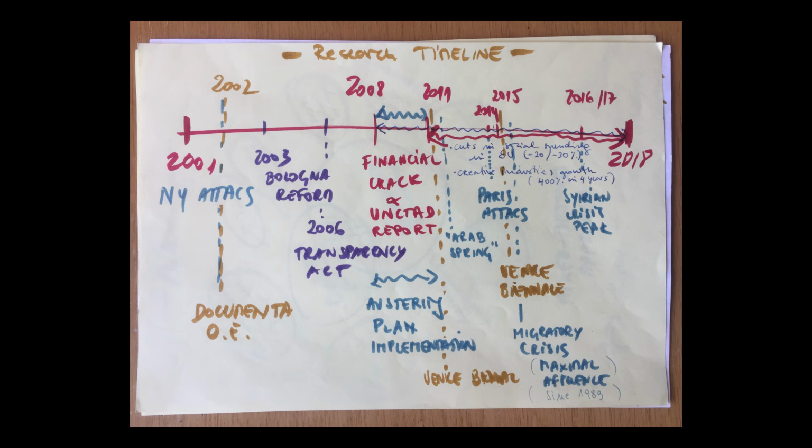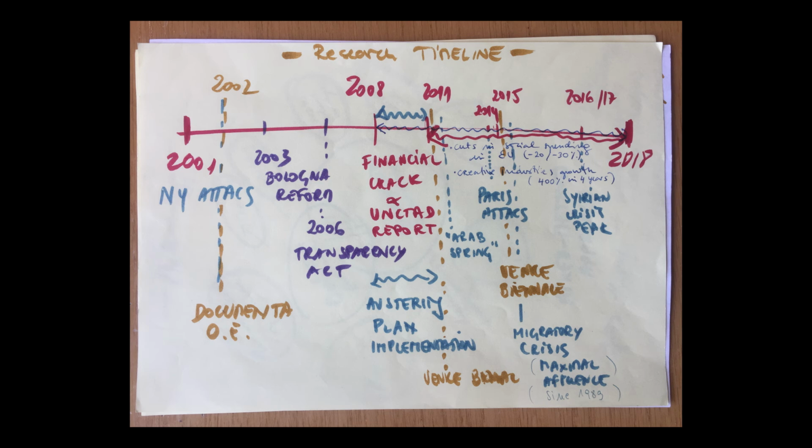So I've been looking at the period from 2000 to 2018, at what was happening in the art world, starting in 2002 with Documenta, curated by Okwui Enwezor. Of course, we then have case studies of exhibitions where these things are approached in more detail.